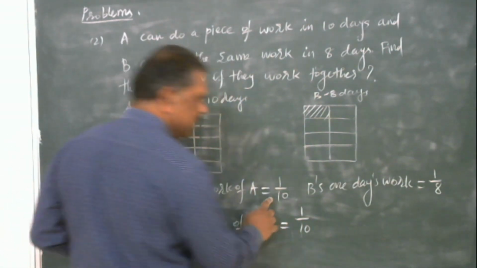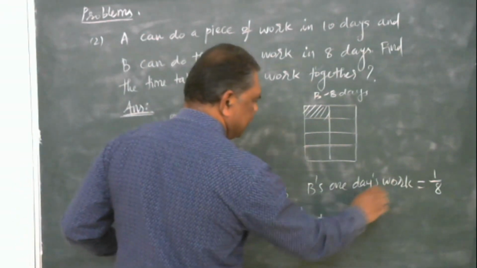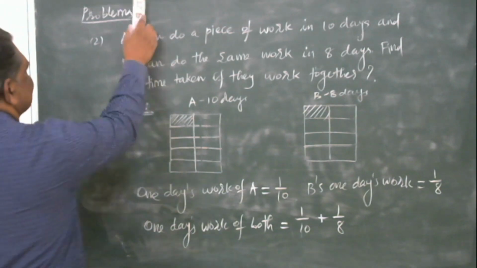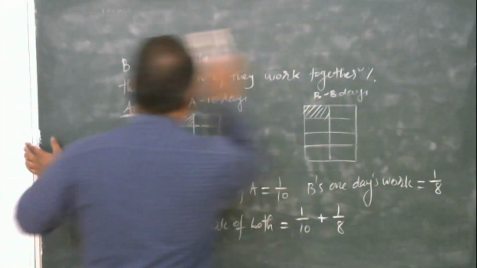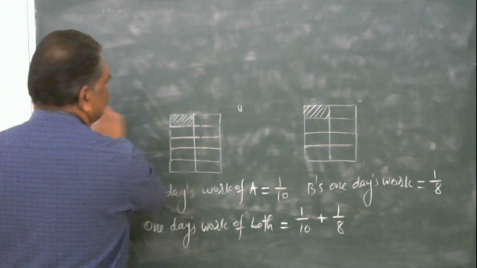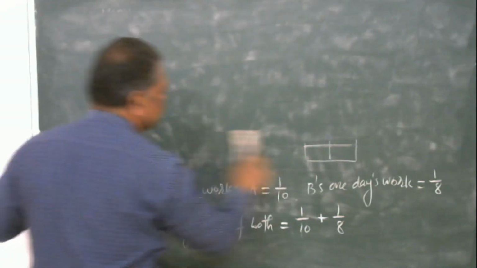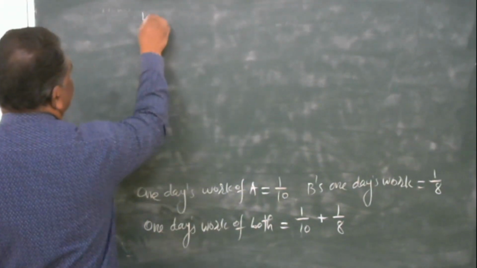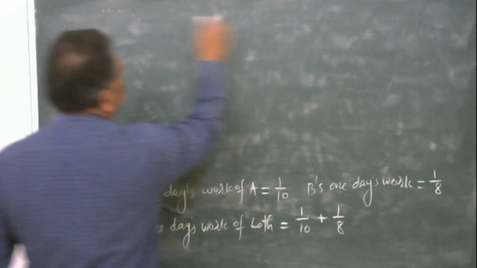1 day A can do 1/10, B can do 1/8. So we know how to add two fractions. If the denominators are the same, we can add, otherwise we cannot. So LCM of the denominators we need to first find. Let me do it on the side.